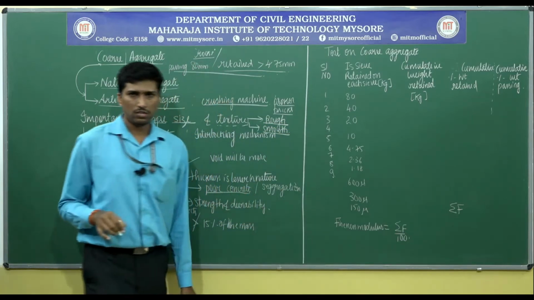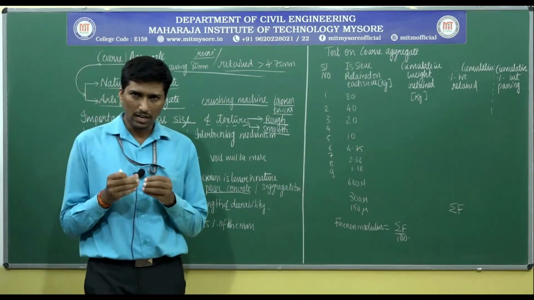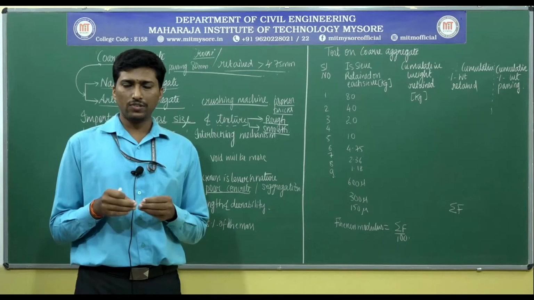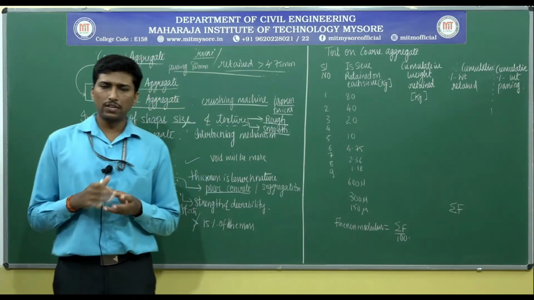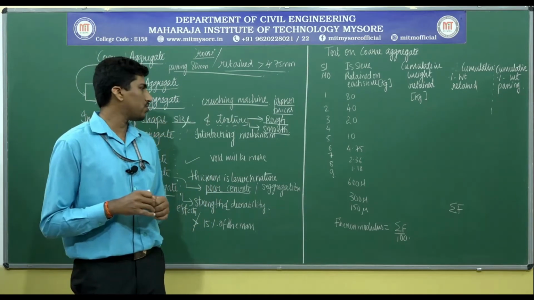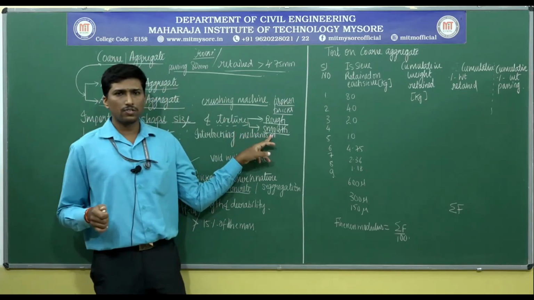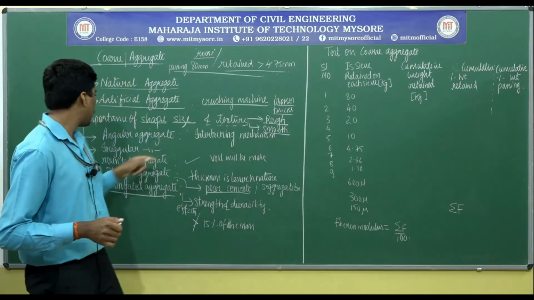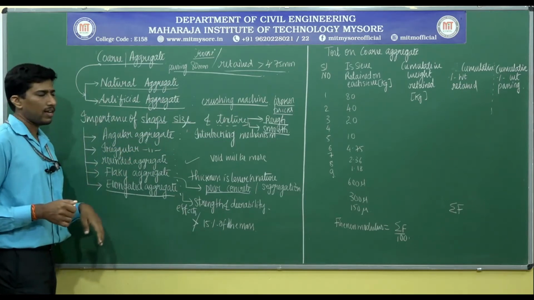Rough texture, obviously, imparts hardness in nature, the grain size imparts hardness, the surface will be harder in nature. It is normally suitable for irregular as well as angular aggregate.